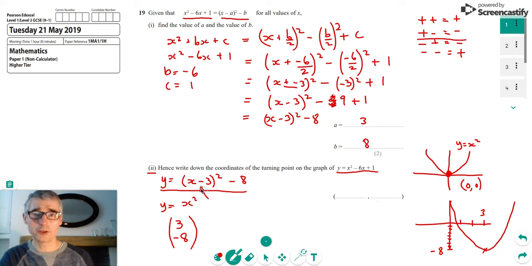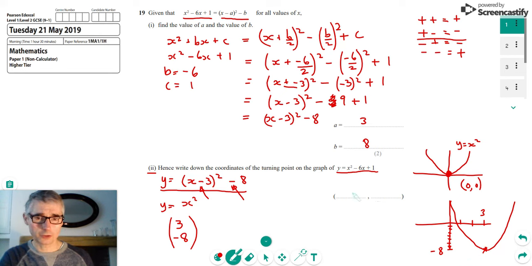If it's a positive, it would have gone to negative here. If it's negative, it would have gone to positive. The sign in front of the bit outside the bracket actually stays the same. So we can see that we've ended up with a negative in the y direction. And actually, that is the coordinate also of this point, which is the turning point.